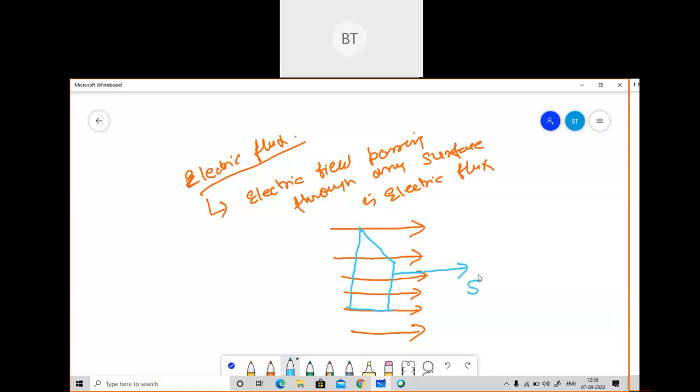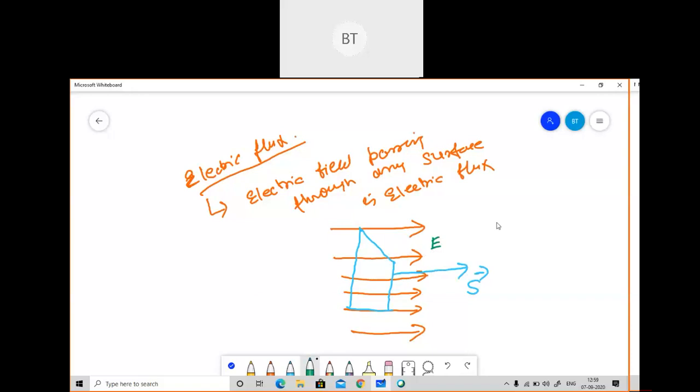I represent it by the vector S. This is the uniform electric field, and the surface placed in it is perpendicular to its direction.